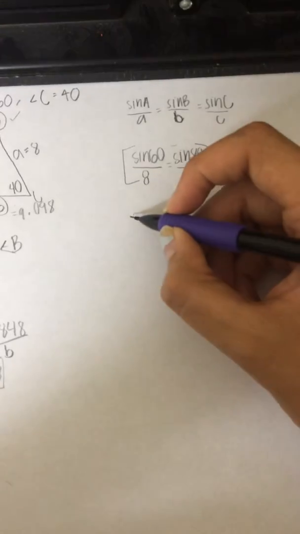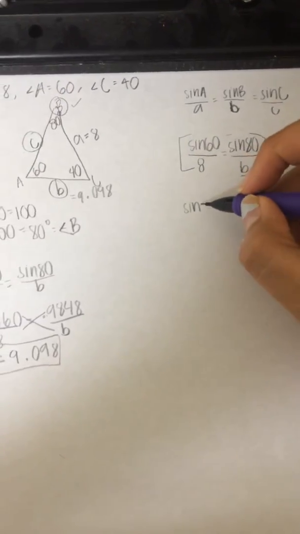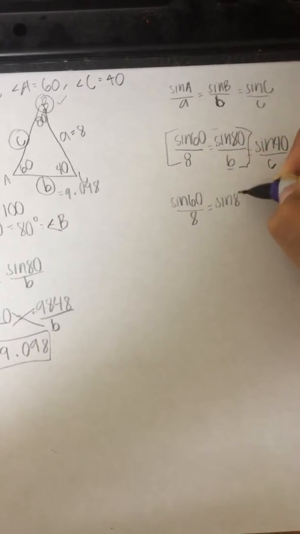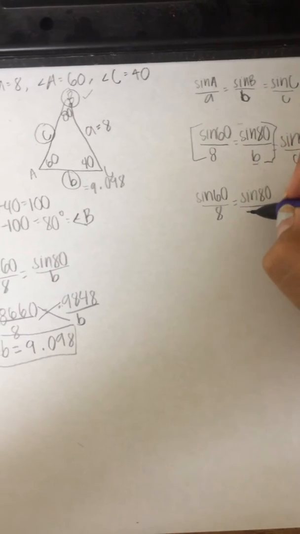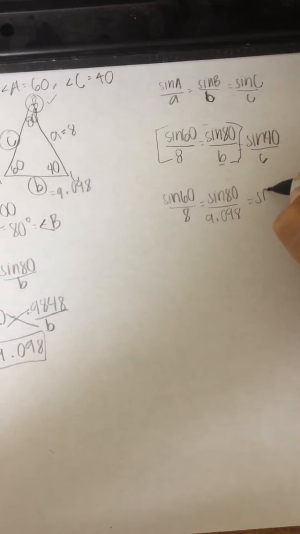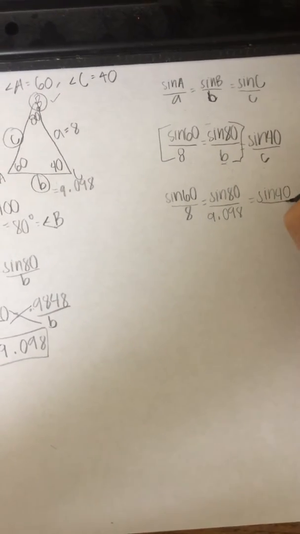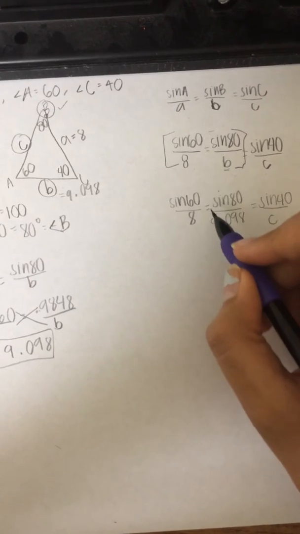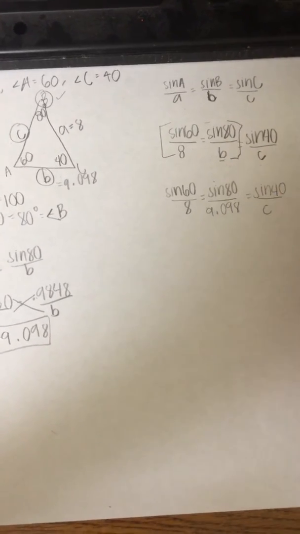So what I'm going to do now is rewrite my values. This is going to stay the same. Now we found side B, which is 9.098, which equals sine of 40 over side C, which we do not know. Now I just solve, because I found my missing value.